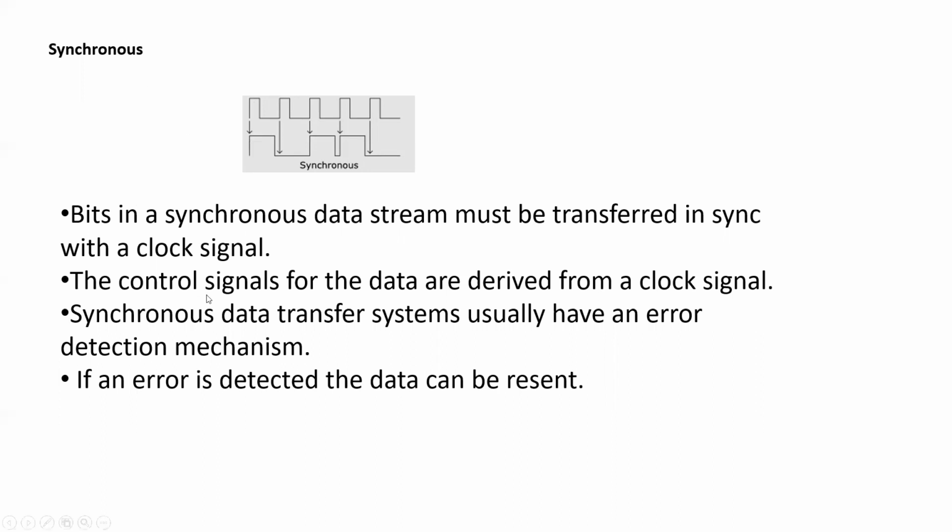The control signals for the data are derived from a clock signal. Synchronous data transfer systems usually have an error detection mechanism. If an error is detected, the data can be resent. We will see the error detection mechanism in block 2. It checks whether the data is proper or not, using the CRC algorithm, the cyclic redundancy check.